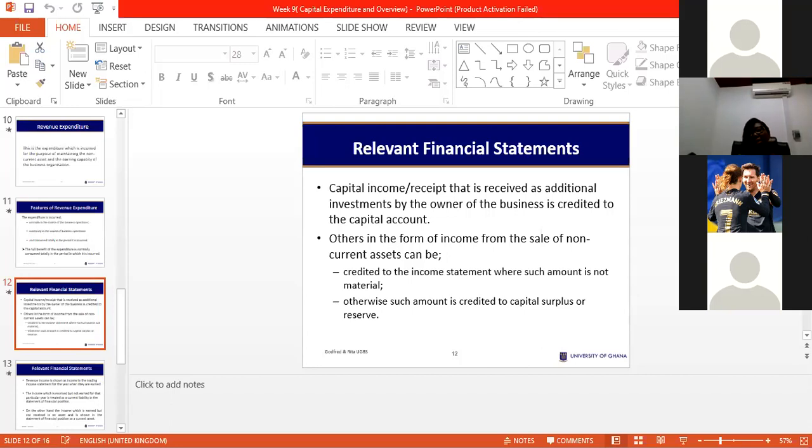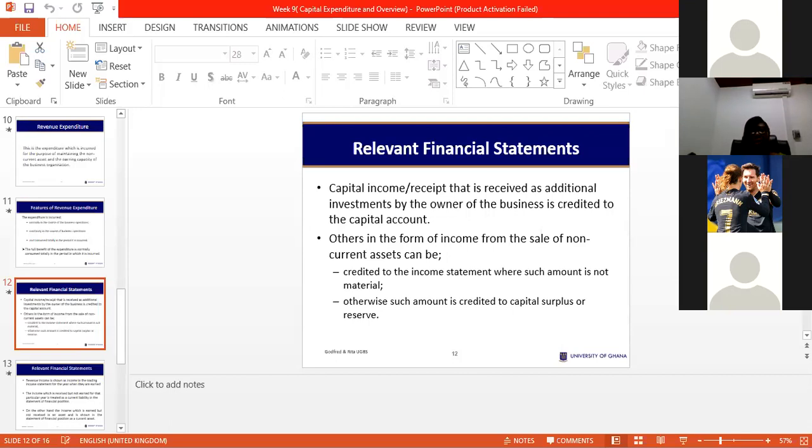Yes, if the owner brings in additional cash, what represents the owner in our books is the capital account of the owner. So if the owner is bringing in additional cash, the business is receiving it. Our cash will increase and the owner's interest will be credited, because that is capital, and the capital account has a credit balance. So when it is capital income being brought in by the owner, we would always credit the capital account of the owner.